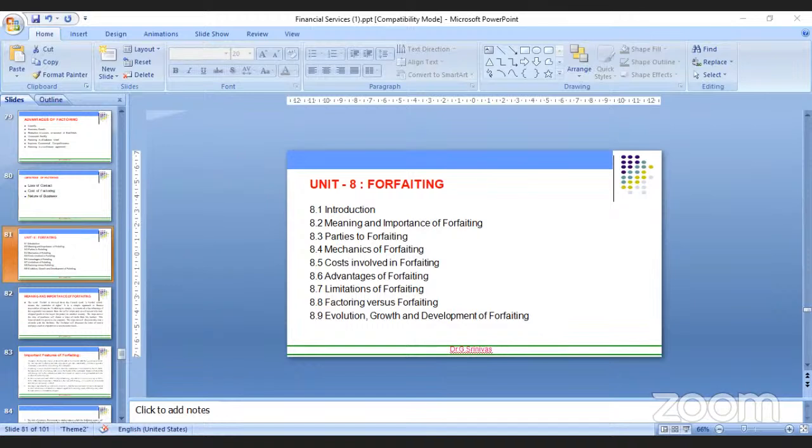Under the unit forfeiting, we are going to discuss what is forfeiting, meaning and importance of forfeiting, parties to forfeiting, mechanics of forfeiting, that is the working system, cost involved in forfeiting, advantages of forfeiting, limitations of forfeiting, factoring versus forfeiting, evaluation, growth, and development of forfeiting.